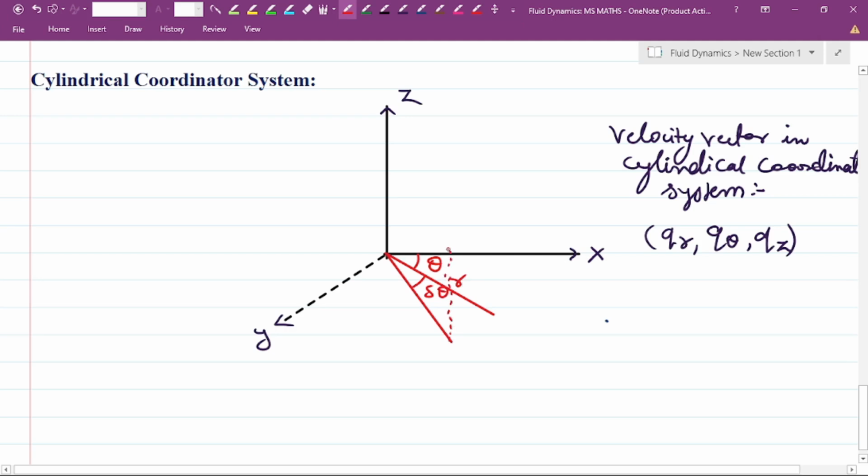If I point out these points, this is the surface, slightly in the form like this.